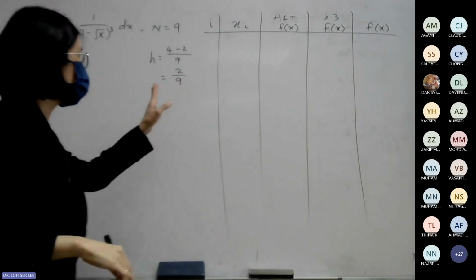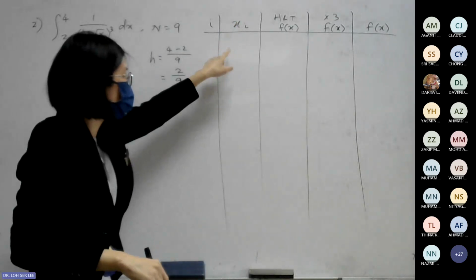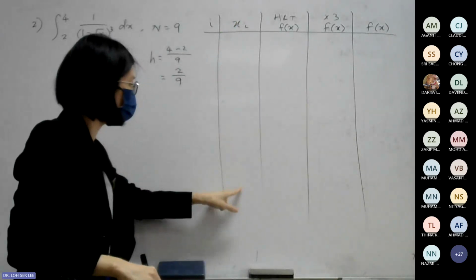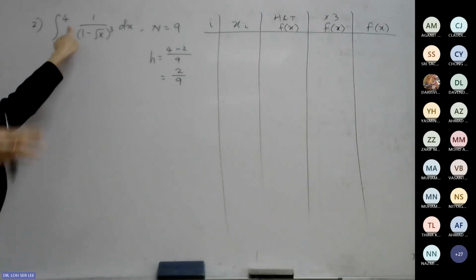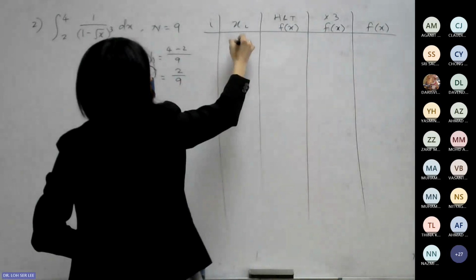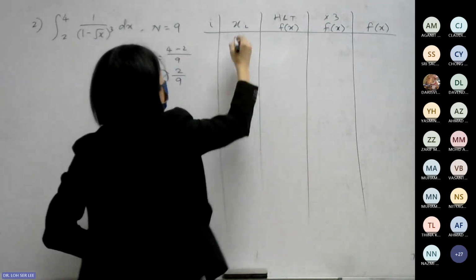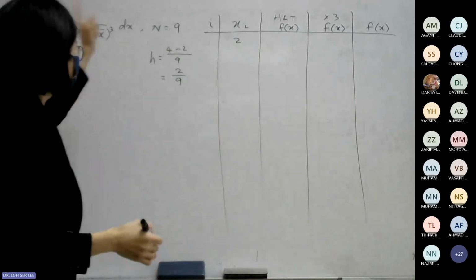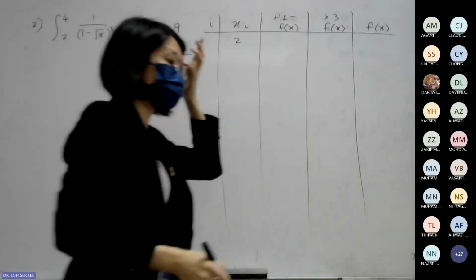Okay, if you use 0.2222, from 0 you keep plus the 0.2222, keep plus the same value. The last one you won't get the actual 4. It will be less than 4. Alright. So we use the actual one. Okay, it starts from 2. So 2 plus 2 over 9, until you get 4.